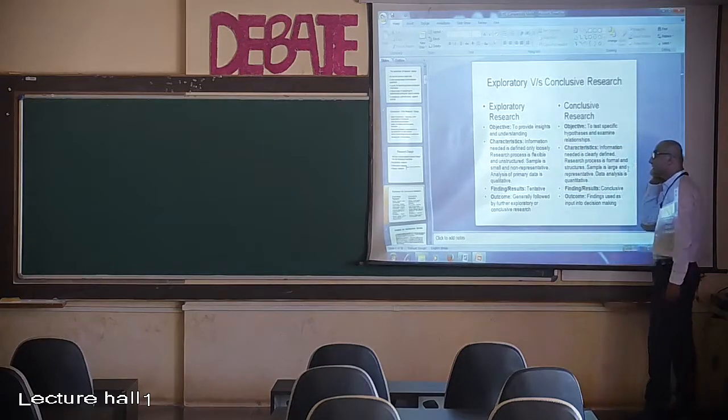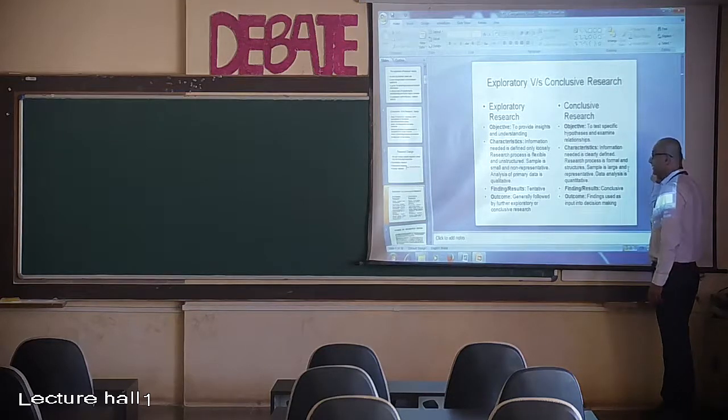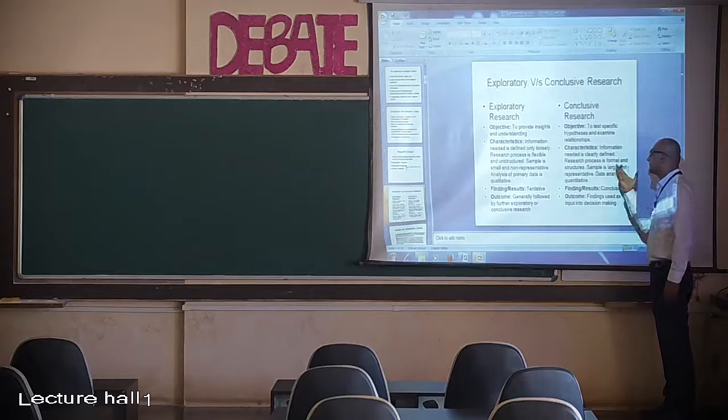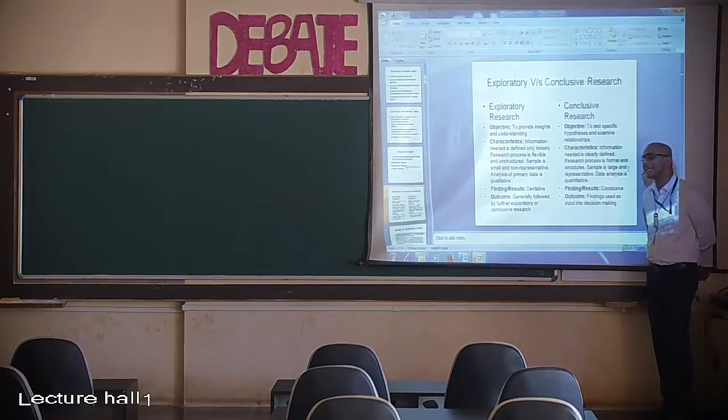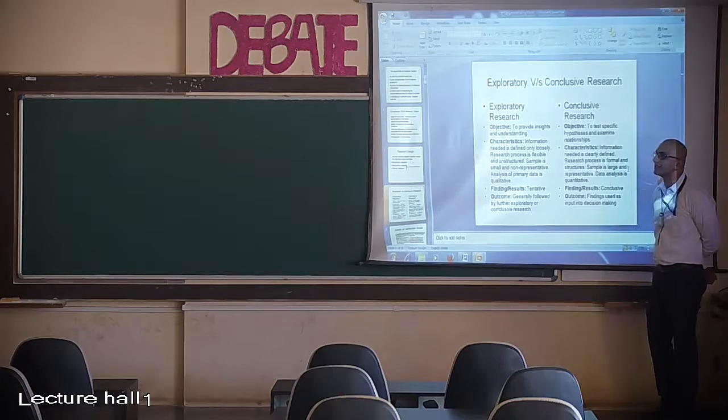Whereas in terms of conclusive research, the information needed is quite clearly defined. What sort of information I'm trying to understand, and what sort of information I'm trying to measure, is very clearly defined.